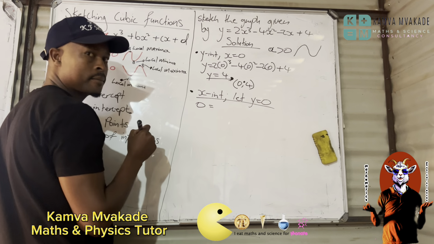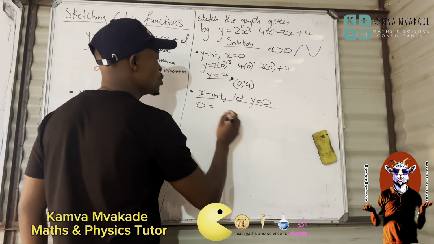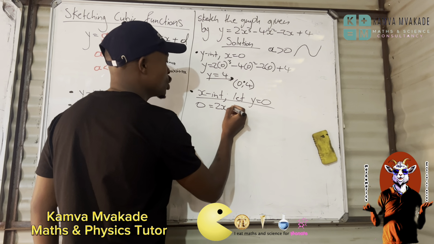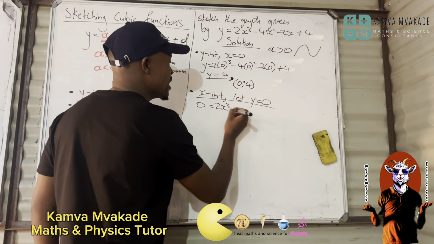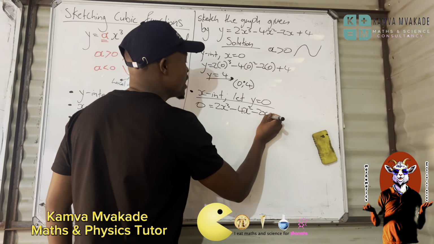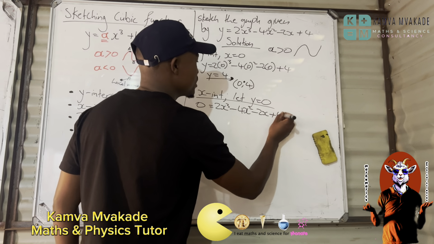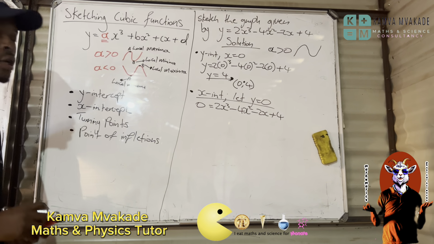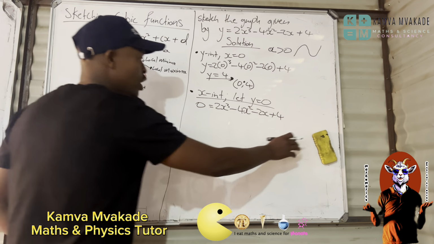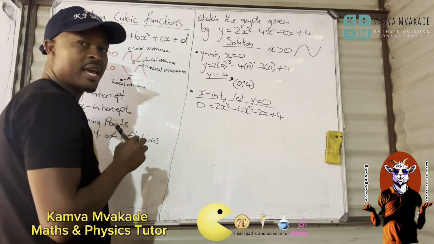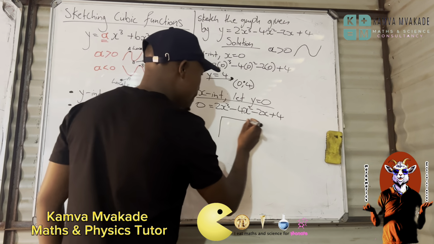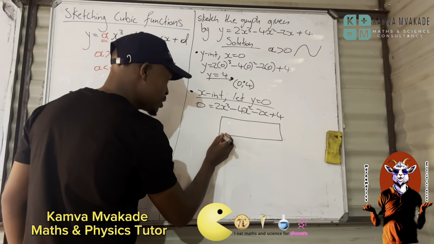So 0 = 2x³ - 4x² - 2x + 4. How do we factorize this? We use the synthetic method, and we're going to have our box like this.